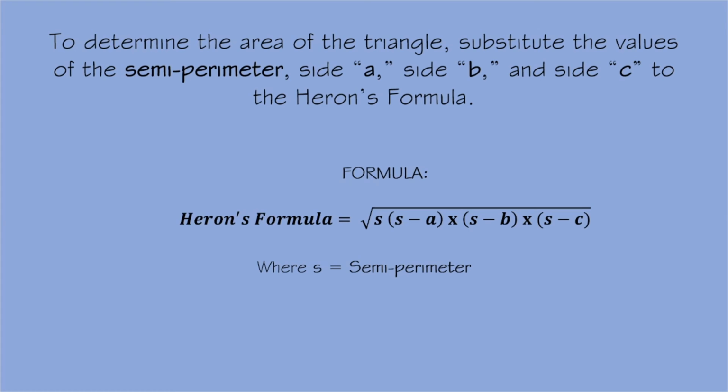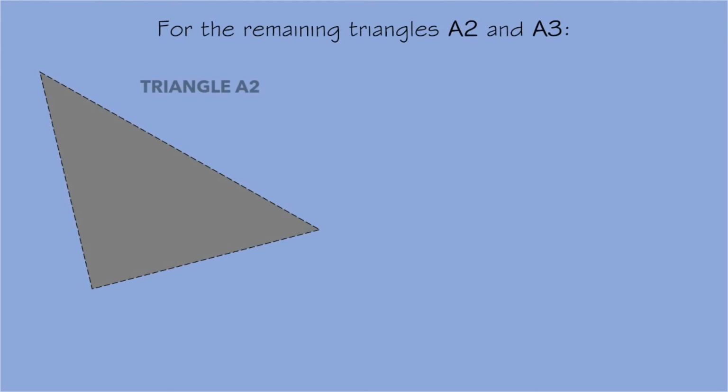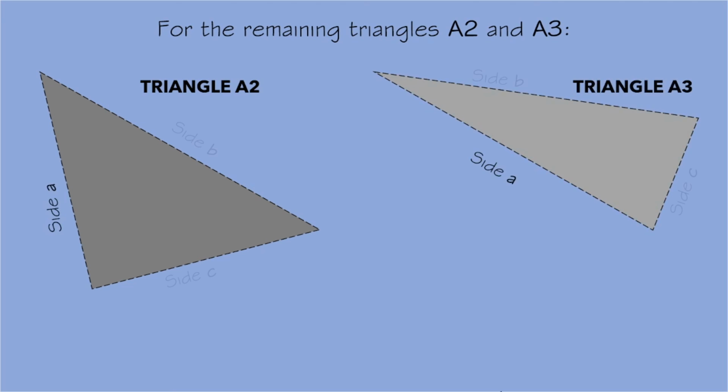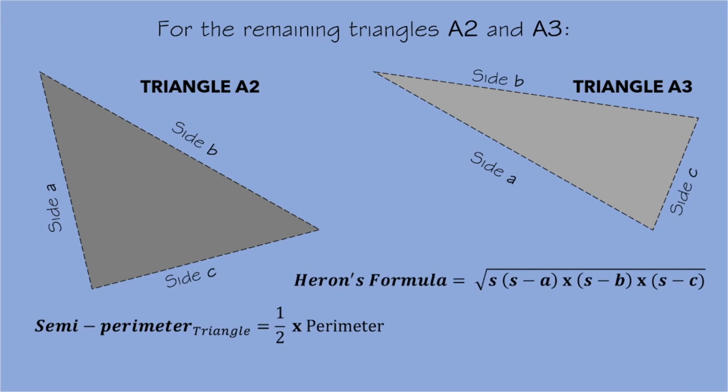Shown below is Heron's formula, where S is the semi-perimeter. Repeat the steps for the chosen second and third triangles of the polygon. For the remaining triangles A2 and A3, use the same formula to get the semi-perimeter, which is the perimeter times 1/2, and plug it into Heron's formula.